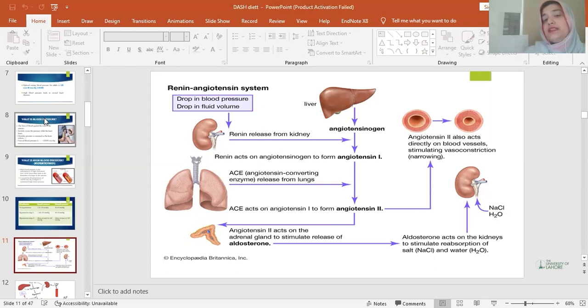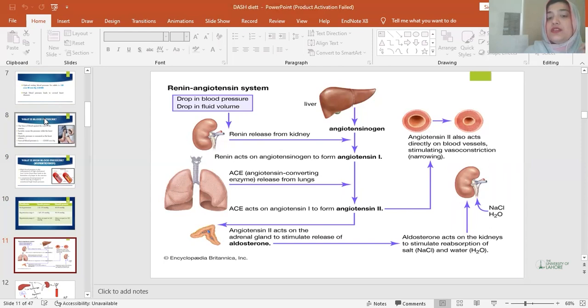Further, the kidneys release a hormone that converts angiotensinogen into angiotensin 1, and in the lungs an enzyme, ACE, angiotensin converting enzyme, is released that converts angiotensin 1 to angiotensin 2, which causes narrowing of the blood vessels and vasoconstriction.